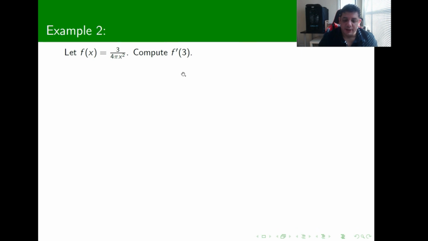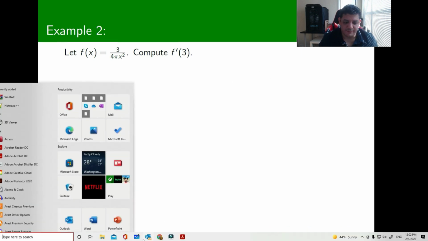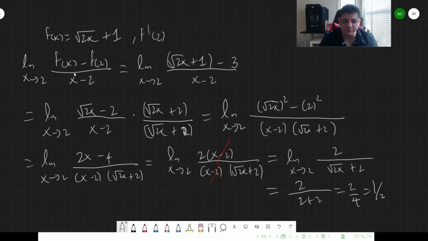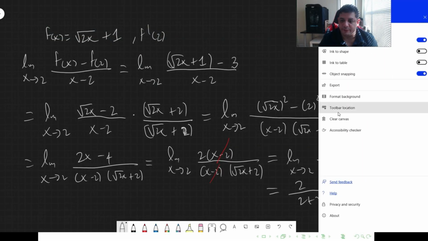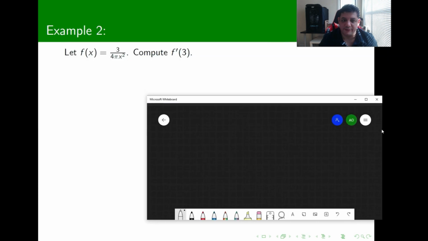Okay. In here, the difference is that before I used this formula, so now I'm going to use the other formula to make an example with both of them. So f of x is 3 over 4 pi x squared, and we want to compute f prime of 3.